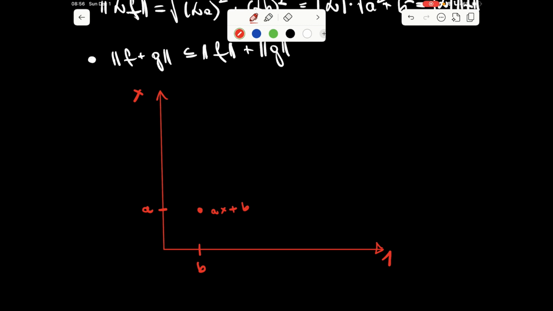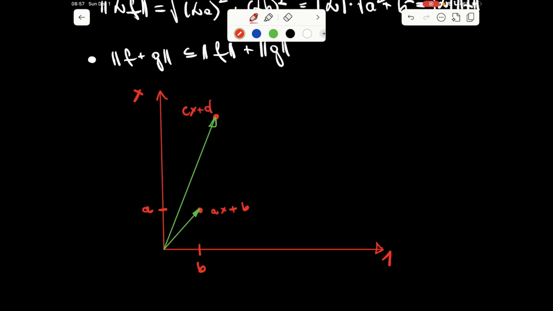And let's have another function here. Actually, they are points in a function space. We have another point in this function space, which is cx plus d.